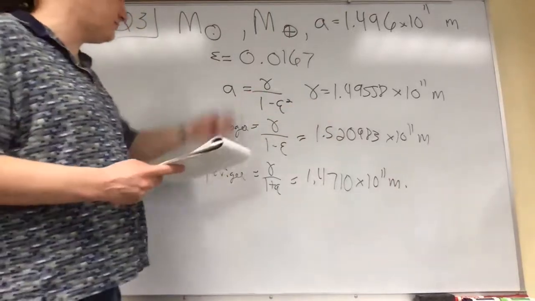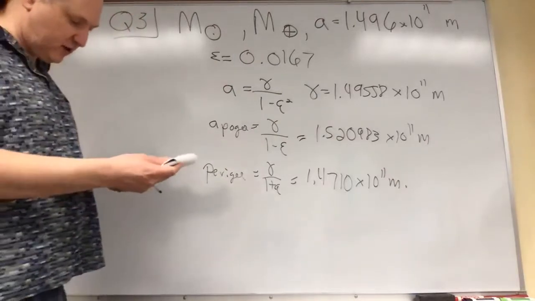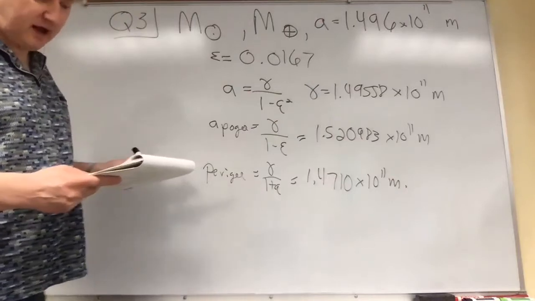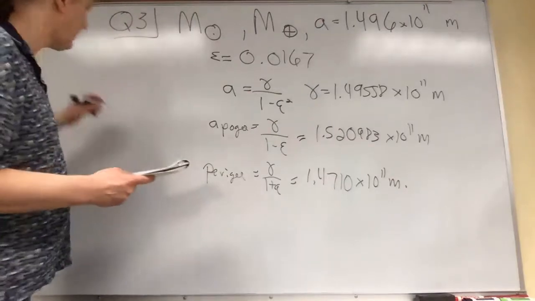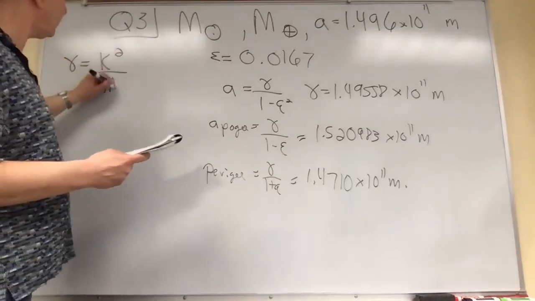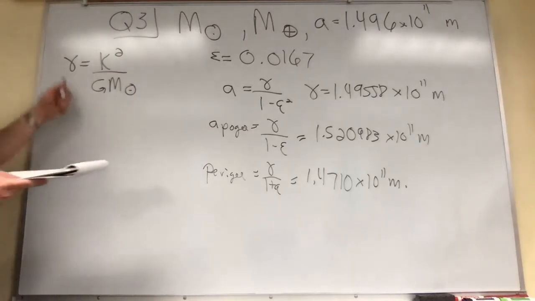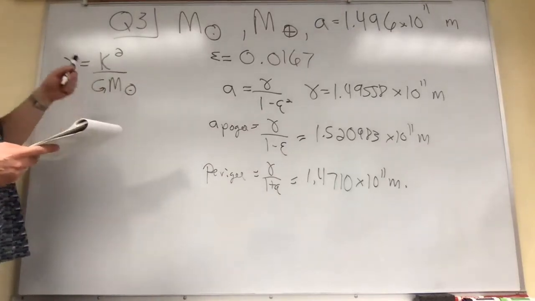All right, so we know those things, that's great. We might like to find K. Gamma is K squared over GM. This is M of the sun. We know gamma, GM of the sun.